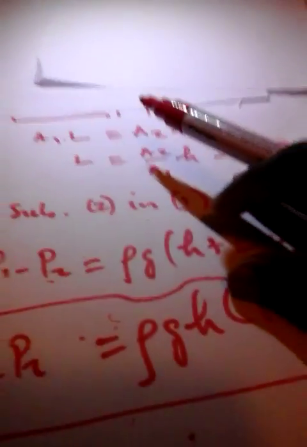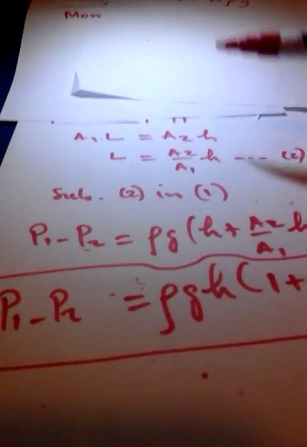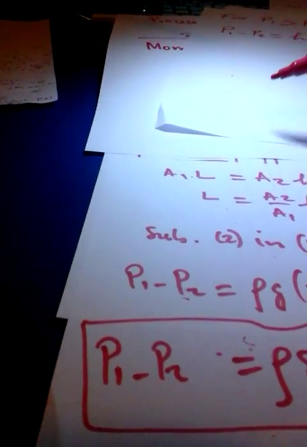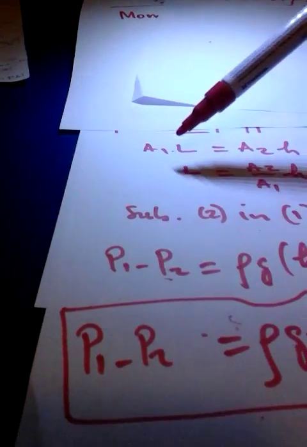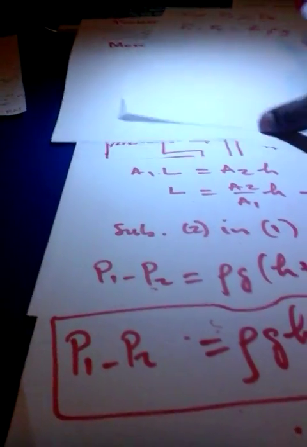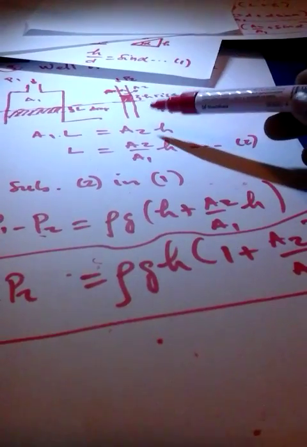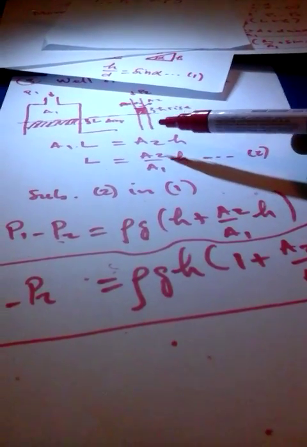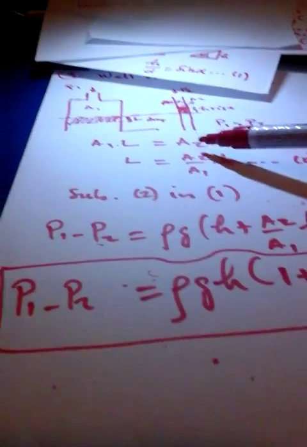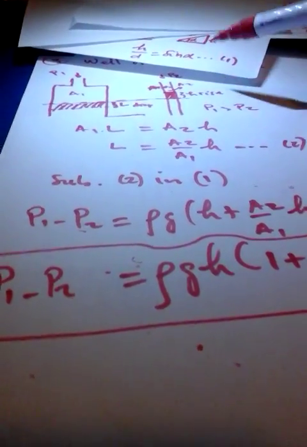The volume drop in area 1 will be A1 multiplied by L. What is L? It is the drop height, and this is equal to the volume rise in area 2, which will be given by A2 multiplied by H. H is the rise.